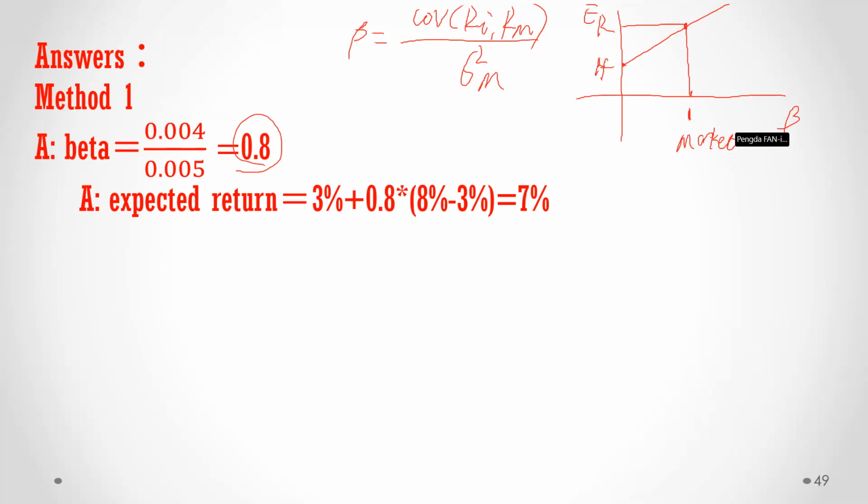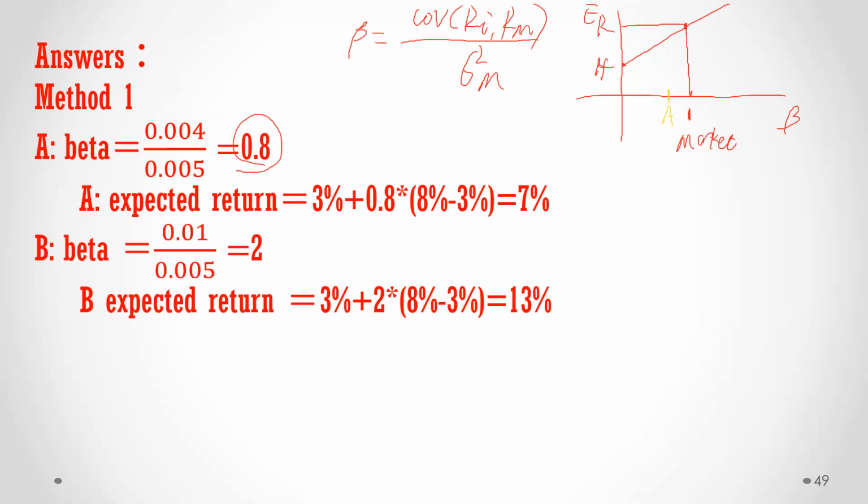And A is something like 0.8. So A has a lower beta compared to the market. So it's less risky compared to the market's movement. And similarly, we can calculate B. So B's beta is 2, which means that B has a higher systematic risk.